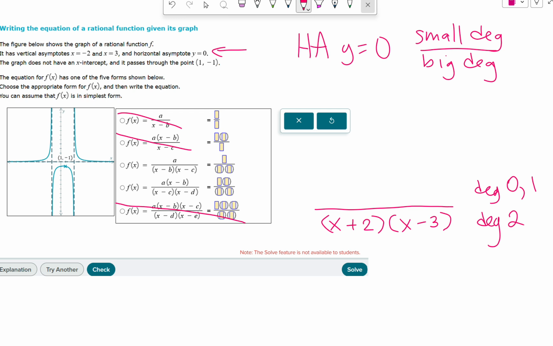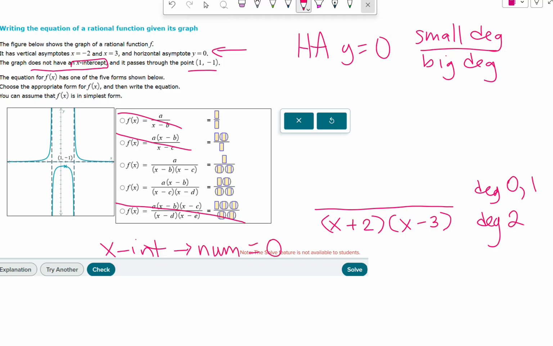And then I'm going to read the next line. It says, the graph does not have an x-intercept, and it passes through the point 1, -1. All right, so for the x-intercept, the x-intercept is where the numerator is equal to 0.